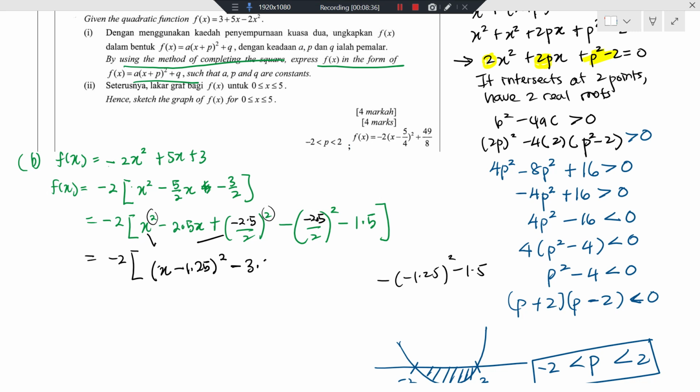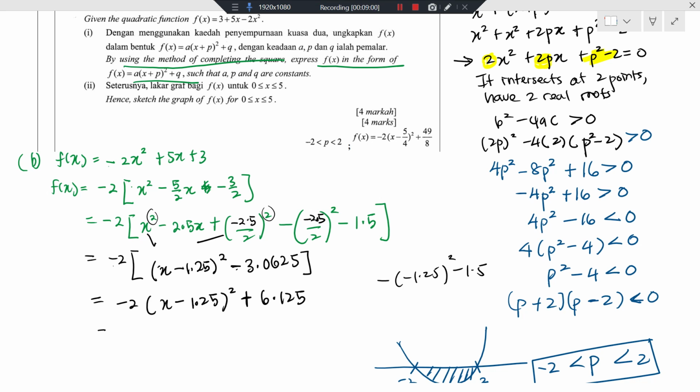Which is -3.0625. Okay, then times in the -2. Negative times negative, you will get positive. So I'm getting 49 over 8, which is 6.125.